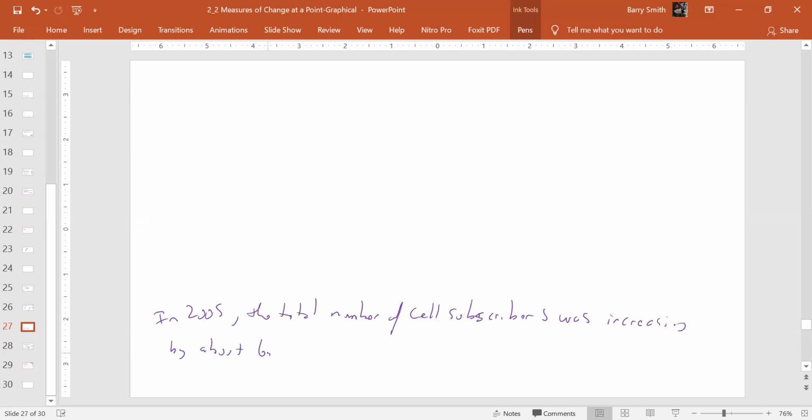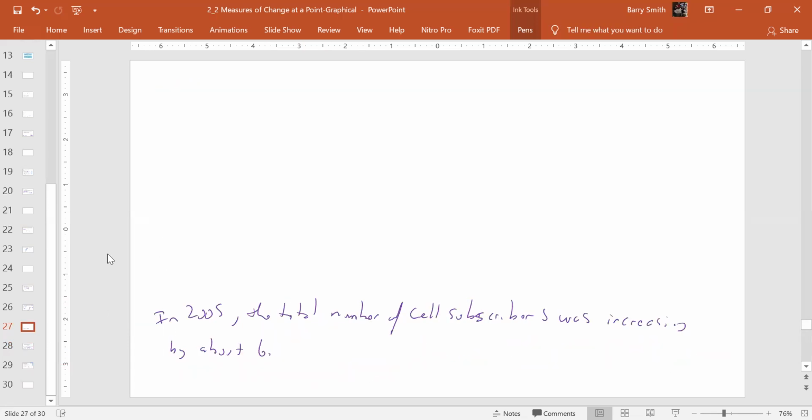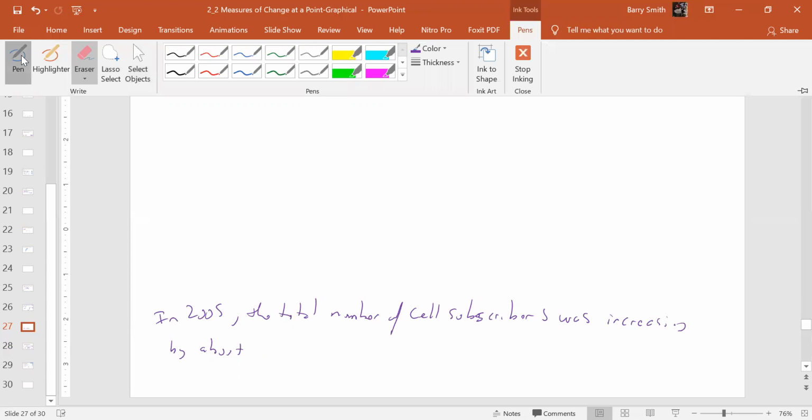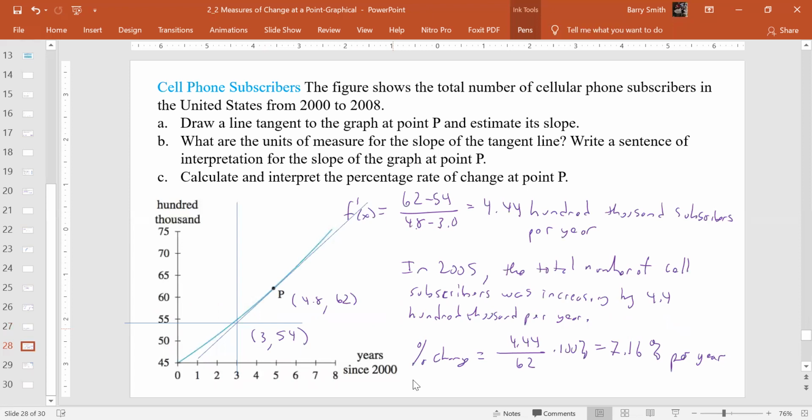What was it? 7.16, sorry. Let's erase that. 7.16% per year. Okay. All right, so that's what we would say for the interpretation of what this 7.16% per year meant.